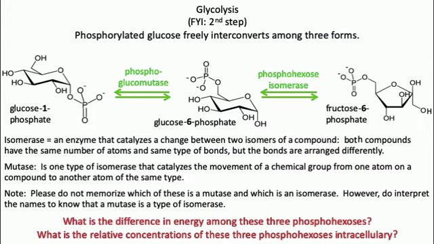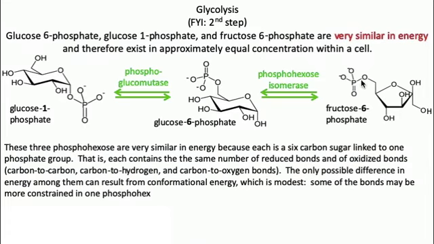Please pause and answer. Since each of these three hexose phosphates has similar energy, and since you have enzymes which lower the energy barrier between them, they will freely interconvert, flow back and forth, such that in most of your cells there will be an approximately equal concentration of all three of them.